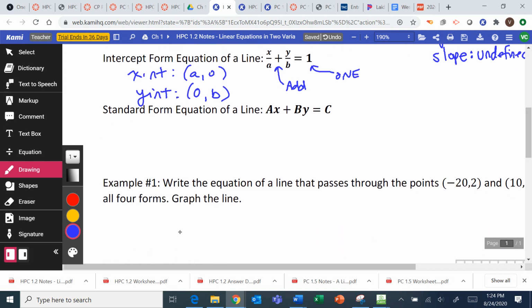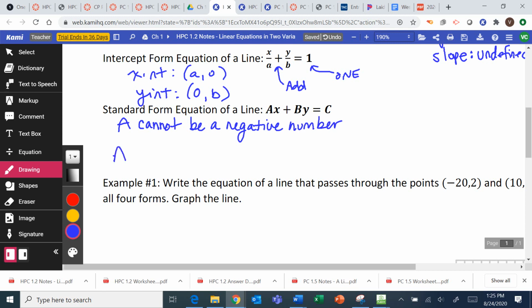Standard form equation of a line is the form ax plus by equals c. There are some rules that come with standard form. A cannot be a negative number, so that first number in front of the x cannot be negative.